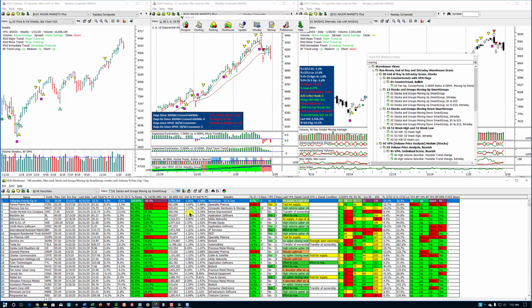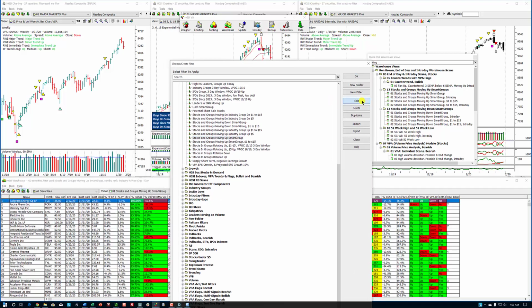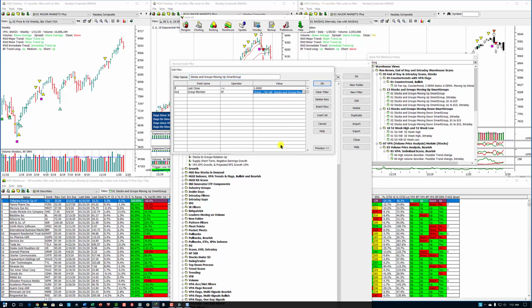Then I reapply the filter, and you'll notice that stocks and groups moving up smart group appears, and there are 100 securities in here because this filter goes directly to that smart group, which has just been rebuilt.